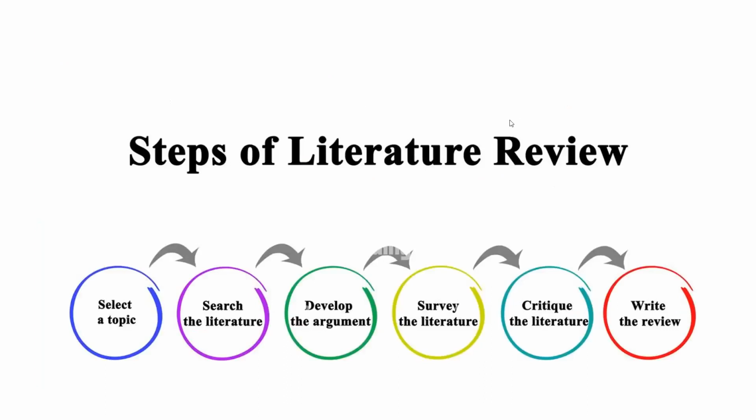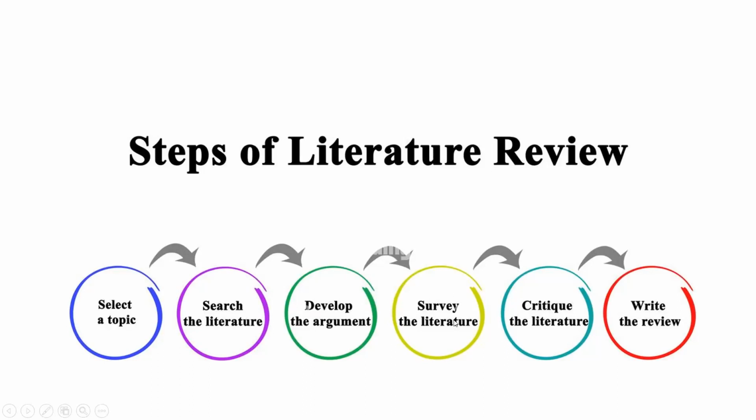Now, these are the steps for writing the literature review. First, select a topic, then search the literature for that selected topic, then develop an argument, or you can say develop a hypothesis.